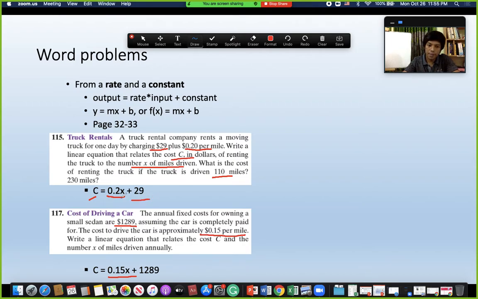Then per something, per month, per year, that money will come with the x. This is the technique. Per what, then that number will come with the x, with the variable. And if some number is fixed, that number will just be separate.